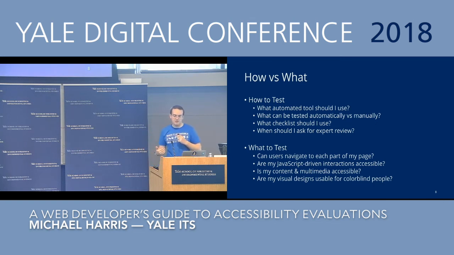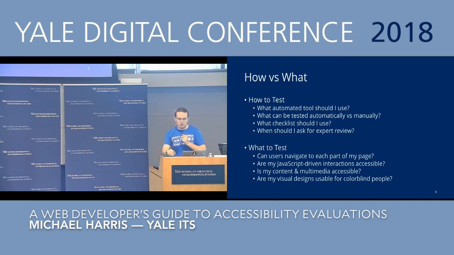For can users navigate to each part of my page, some of those tests can be automatic, some can be manual, some can be user testing. Rather than try to find the perfect methodology, we should be trying to mix and match methodologies based on the particular question we're asking. So having an idea about the techniques for testing, but also having an idea of when to use which kind of technique based on the kinds of questions you're answering, I think is more helpful.